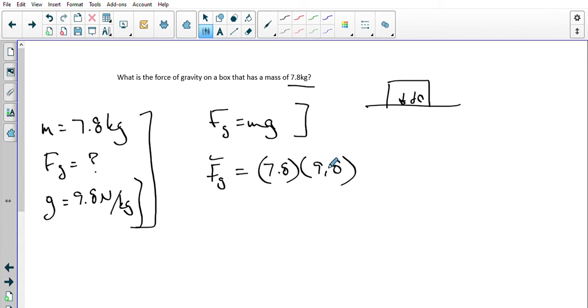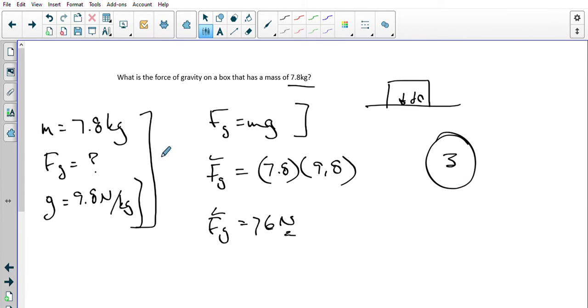So 7.8 times 9.8, 76 newtons. Now, I am expecting to see the unit. Just saying 76 would not make me look favorably at you. A question like this is generally going to be worth like 3 marks.